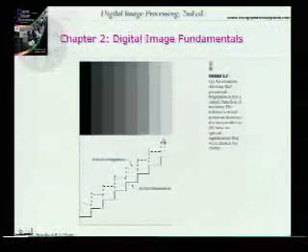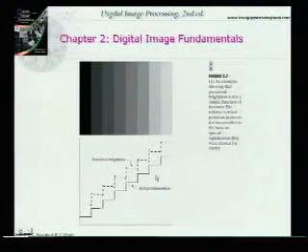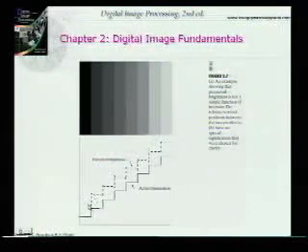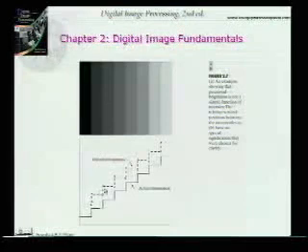Okay, and what we claim is that the perceived brightness looks something like that. There are undershoots just before the transition from one band to the other, and there are overshoots immediately after the transition. So the perceived brightness looks something like this.